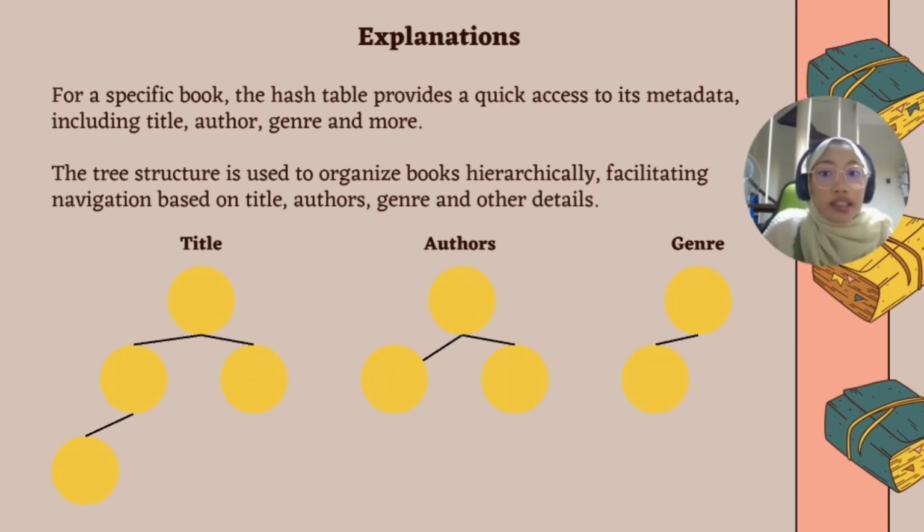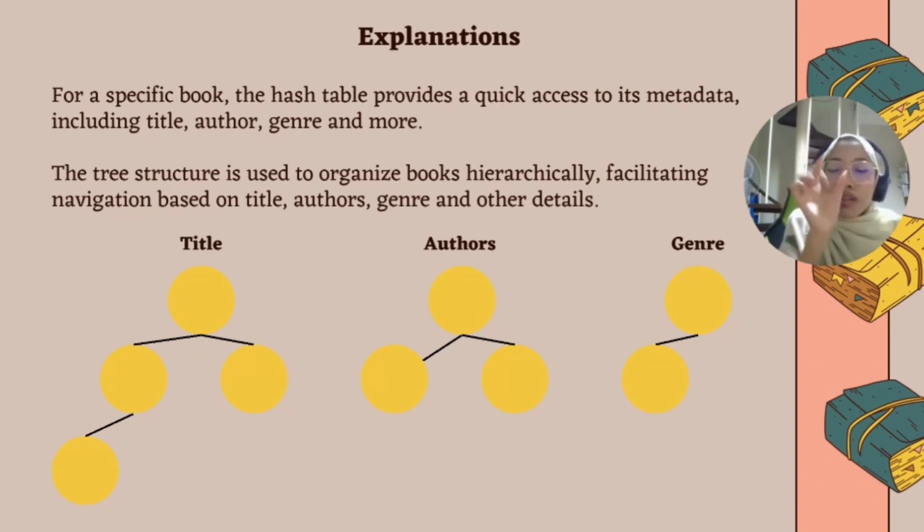And the tree structure here is used to organize books hierarchically. It's facilitating navigation based on the titles, authors, genre, and could be many more things that could be listed by the Calibre app as well. So I already show you a diagram here, a very simple one, since I already explained the previous one. This is a tree structure. So for title here, it could go from this one title, let's say it's going to be a reference book, right?